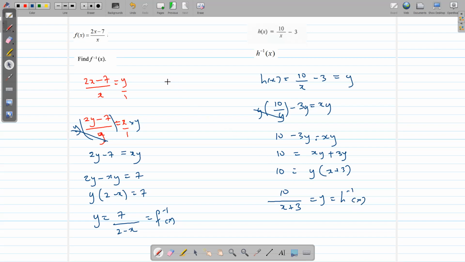For many students, finding the inverse function can be difficult because it involves a number of things. One of the things that it involves is, one, you need to be able to solve linear equations. So your equation solving skills need to be good. You need to be able to solve equations in general.